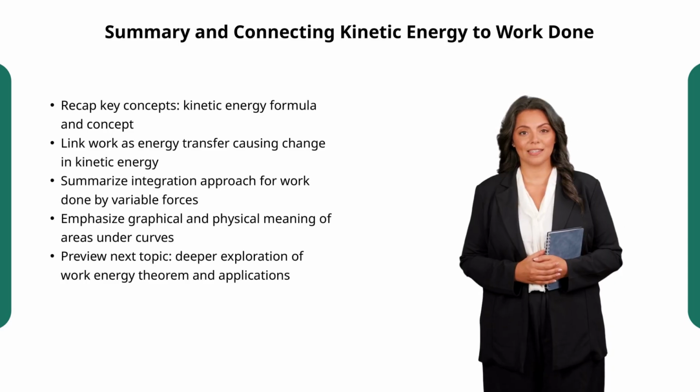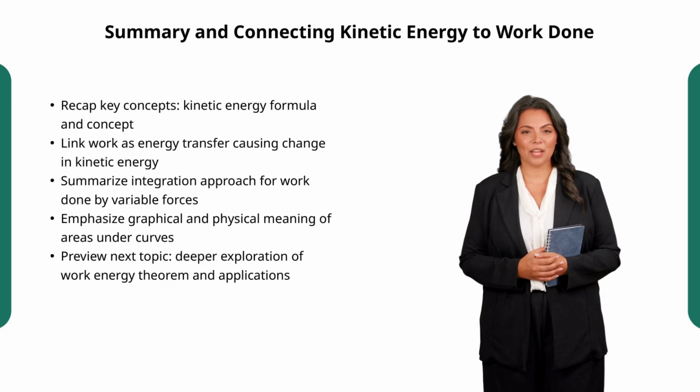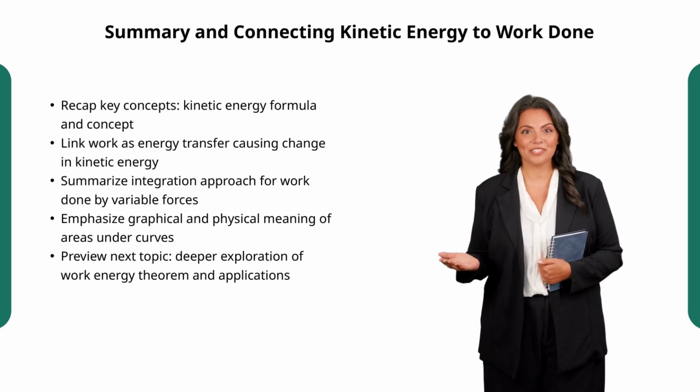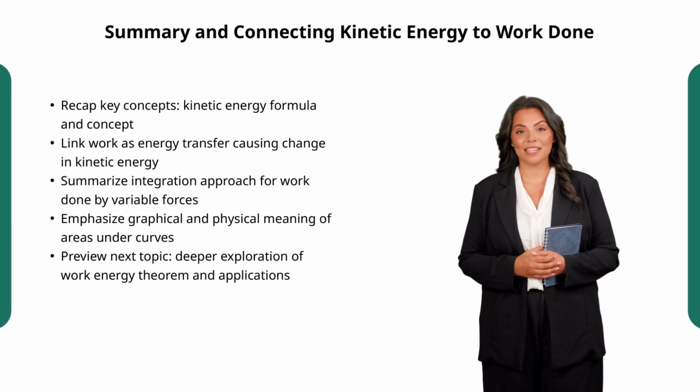To conclude today's lesson, let's summarize core ideas. We defined kinetic energy as the energy of motion given by 1/2 the mass times velocity squared. We explored that kinetic energy is scalar and heavily influenced by speed because velocity is squared.